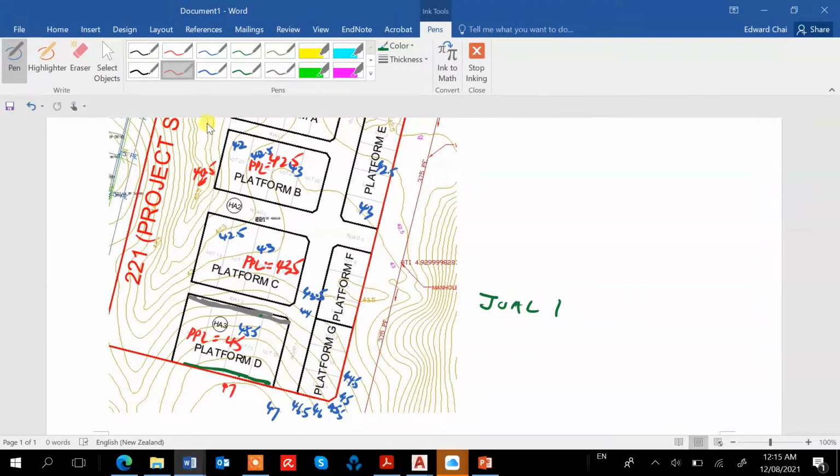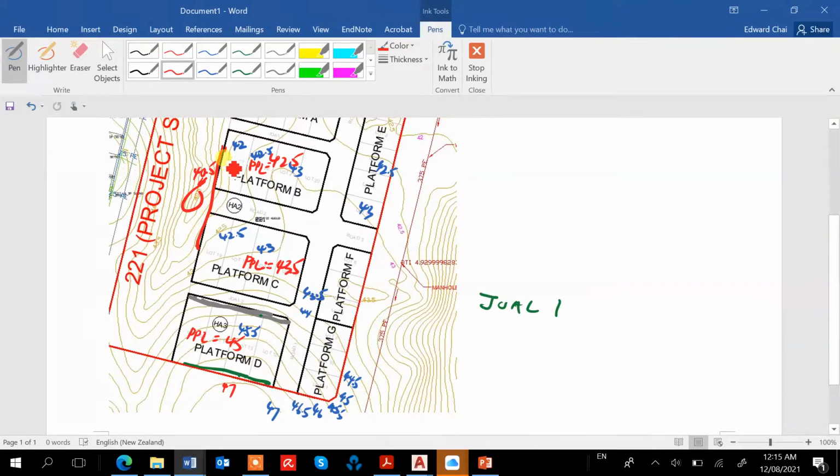And this one, because of drop here, you may need to have something here as well, retaining wall. Okay, depending. The retaining will start here, something like this, from the origin.